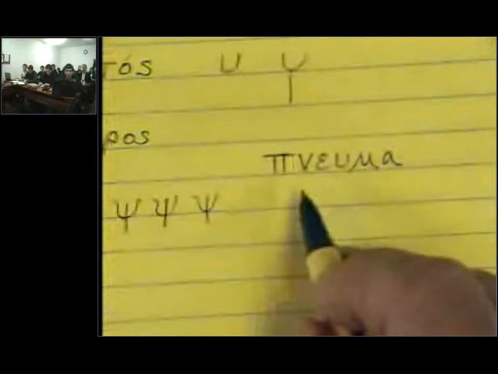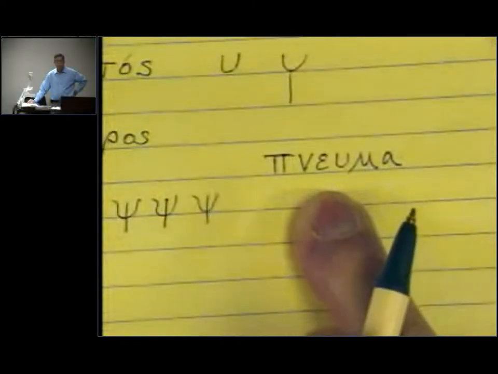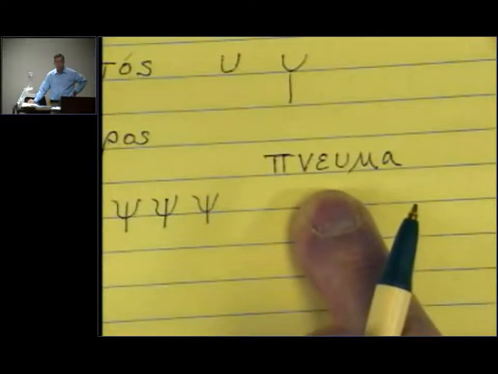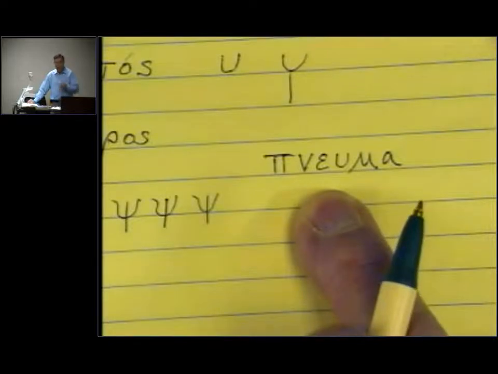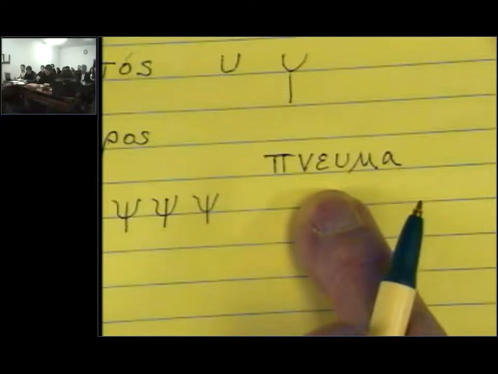Pneuma. This is the word for spirit. We have words like pneumonia and pneumatic, which talk about having air or wind in them.